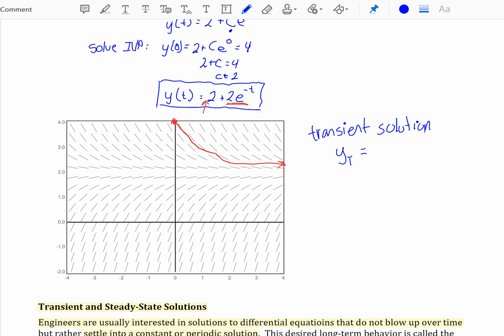And here we want to see that that's this exponential portion. As time goes on, e to the negative t goes to 0, which means that 2e to the negative t dies out as time goes on.